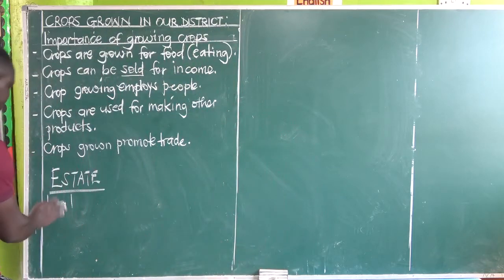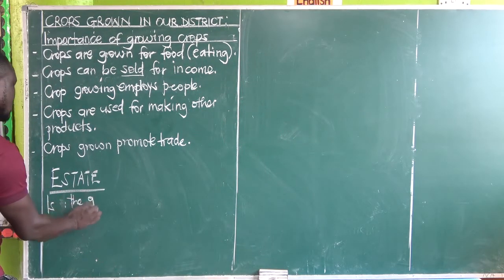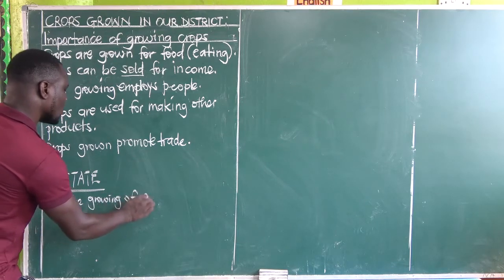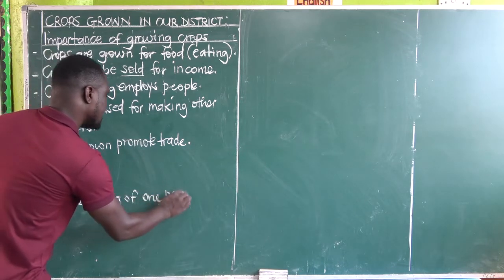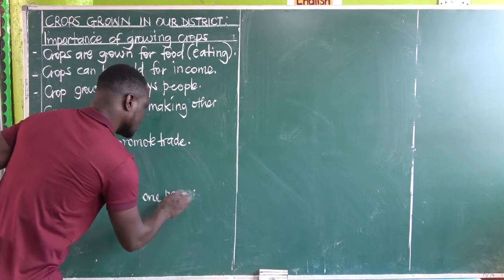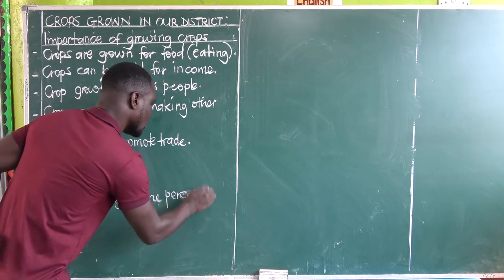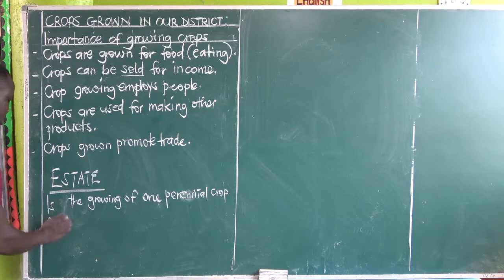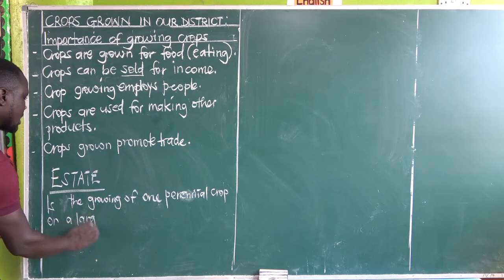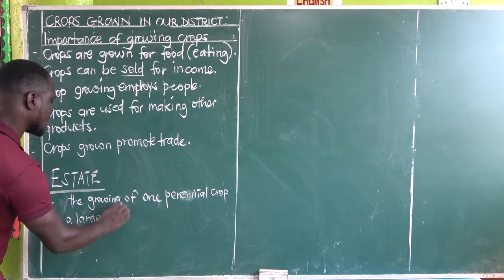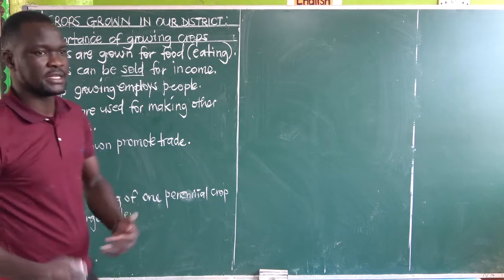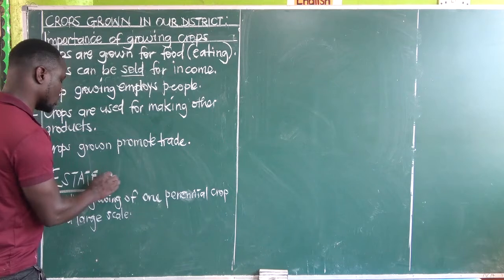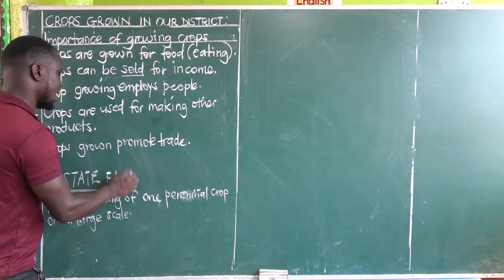The growing of one perennial crop on a large scale. That is what we mean by estate farming.